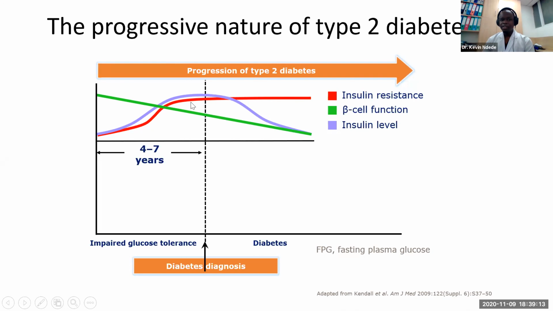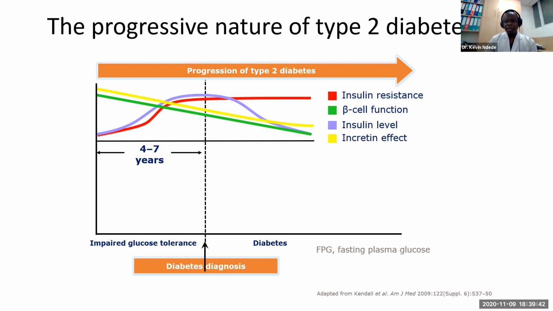As a result, we also find that we get insulin resistance, so that even if you have sufficient amounts of insulin, the tissues that are supposed to utilize this insulin, particularly the liver, the adipose tissue, and skeletal muscles, are unable to take up the insulin because of this aspect of insulin resistance.